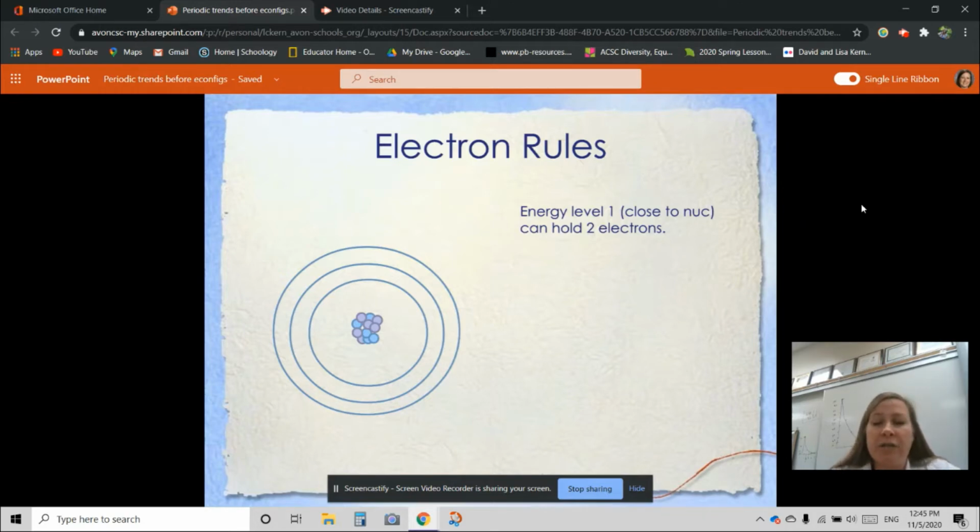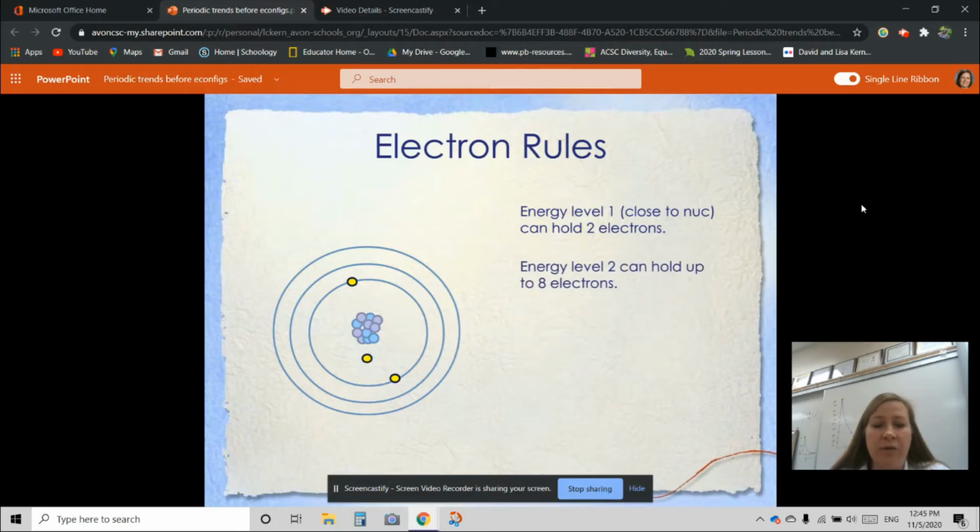Anyway, energy level 1 can hold 2 electrons. So I'm going to put my 2 electrons in there. Again, I want to point out electrons are tiny compared to protons and neutrons, so these electrons are not to scale. But to make them show up, I had to make them a little bigger.